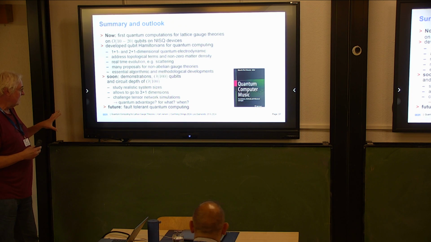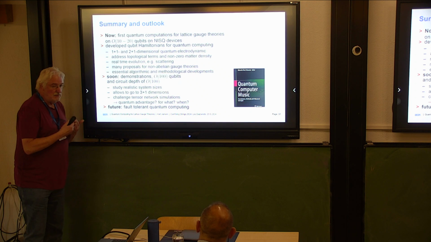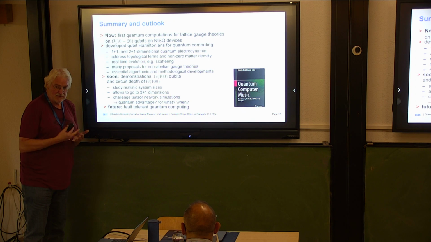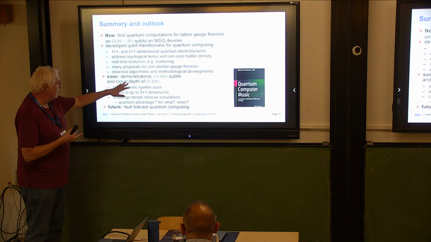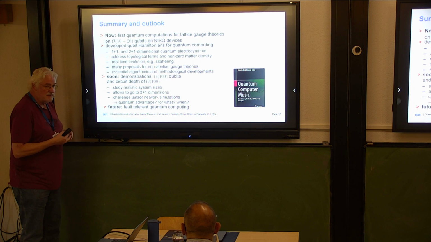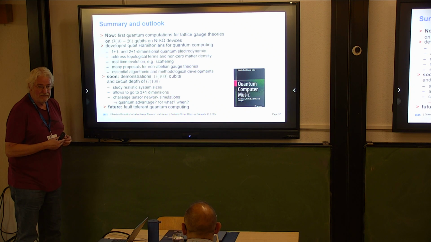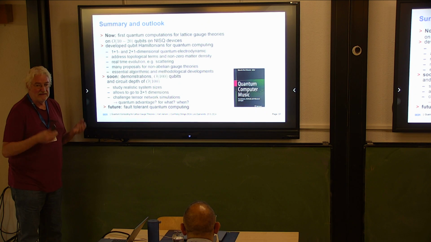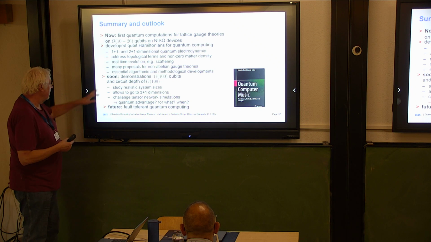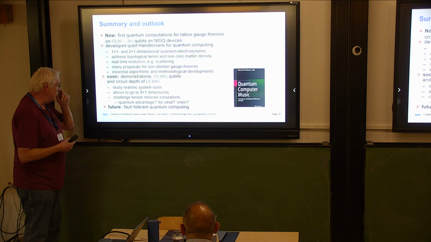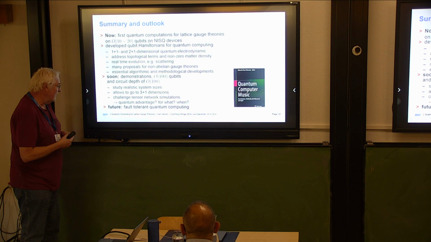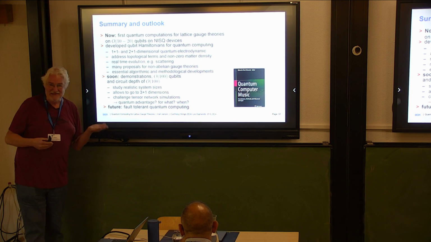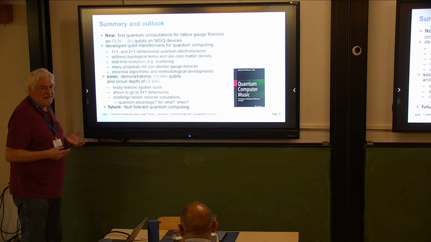We are now entering the area where we really can do demonstrations, and demonstrations mean that we can really use 100 qubits, and that we can go to a depth of the quantum circuits of order 100. That would correspond to 3,000 to 5,000 CNOTs, which was unthinkable, let's say, two years ago. This would allow us to go to realistic sizes, even to 3+1 dimensions, and then we can start to challenge tensor networks, because they are also in the Hamiltonian formulation.